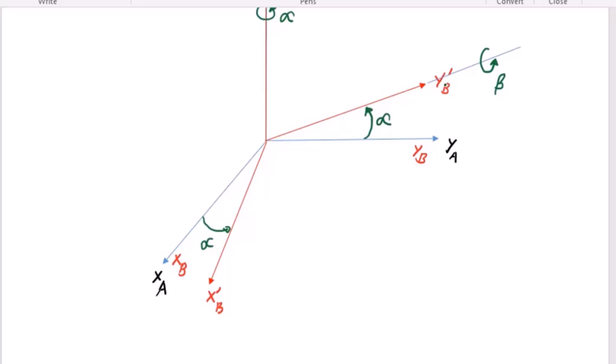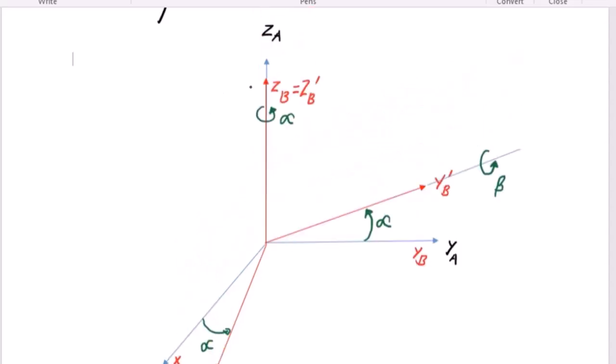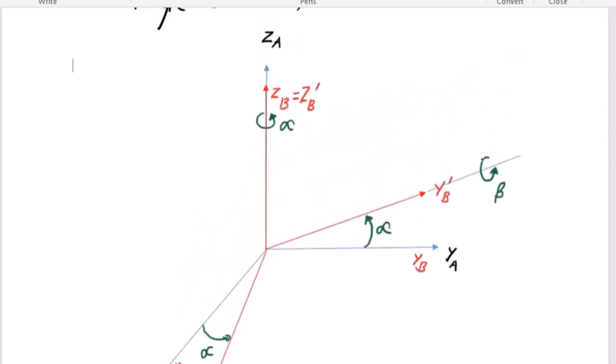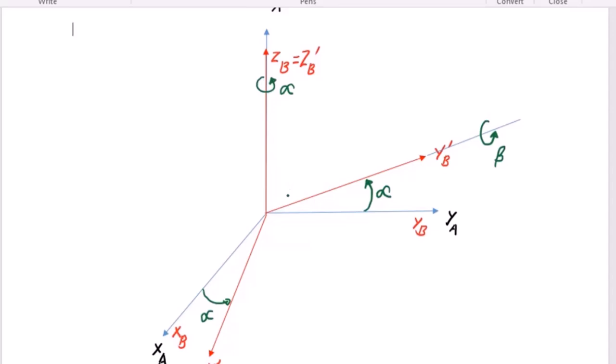If you rotate the YB prime, it affects the position of the XB prime and the ZB prime. Now, when you rotate YB prime with beta angle, this will move here and also here. Now you see for yourself.